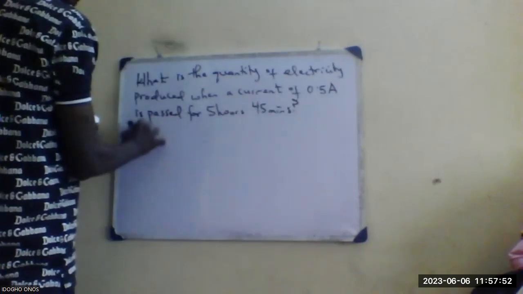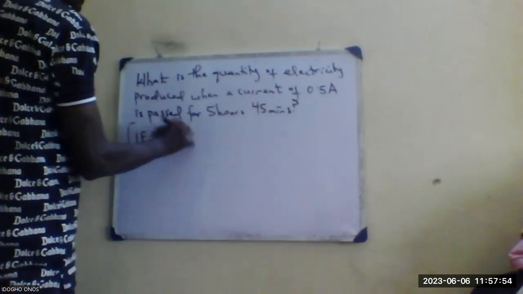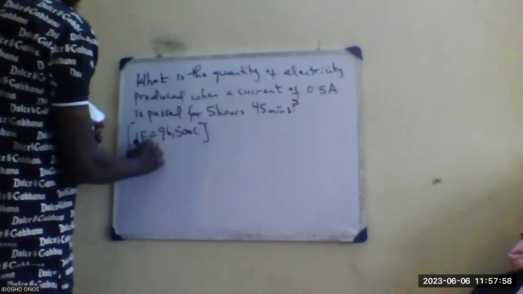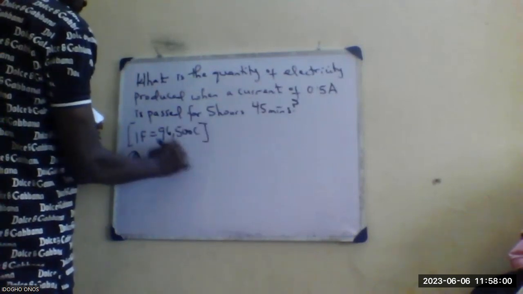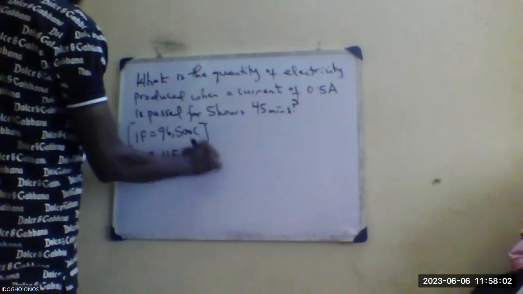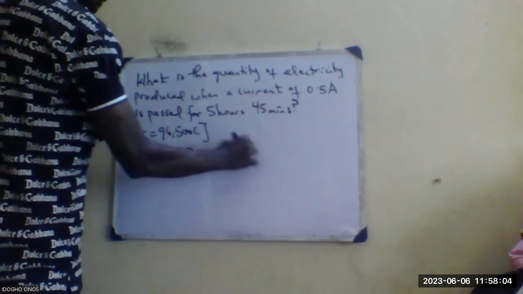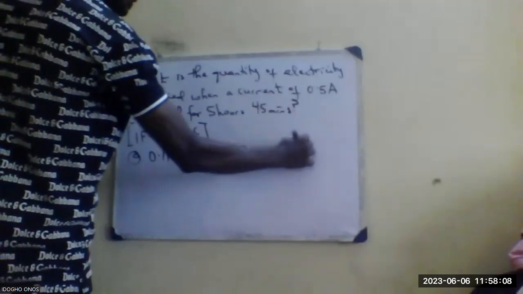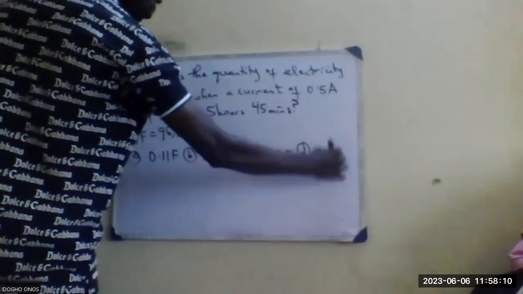Given that 1F equals 96,500 coulombs. The options are 0.1 Faraday, 0.12 Faraday, 0.22 Faraday, and the last option, 1.1 Faraday.